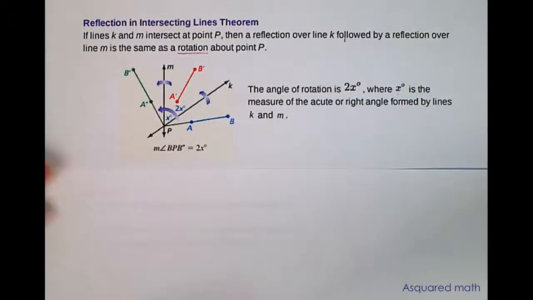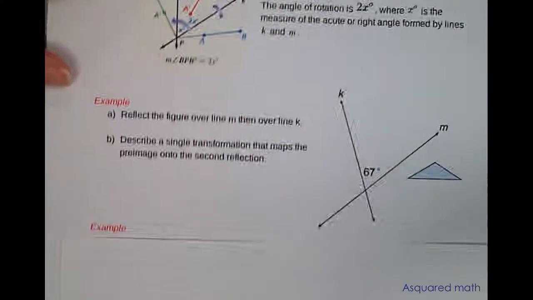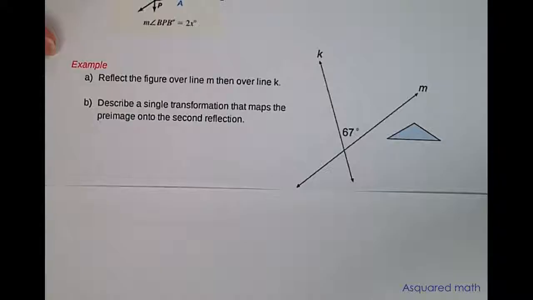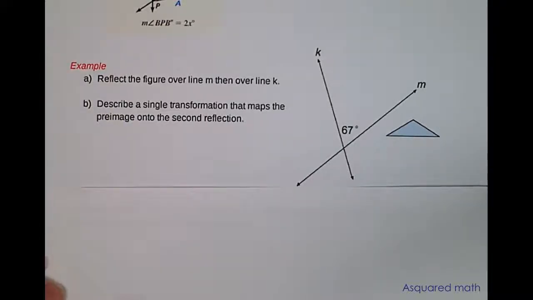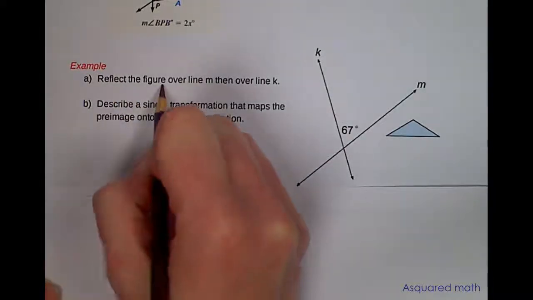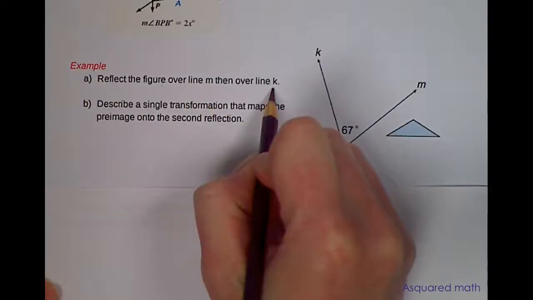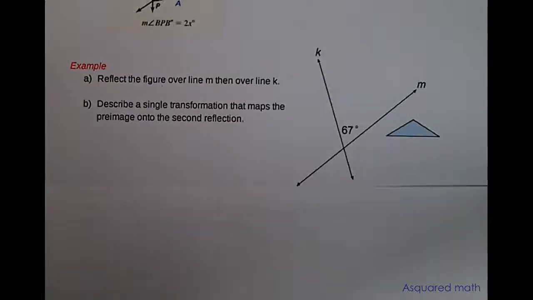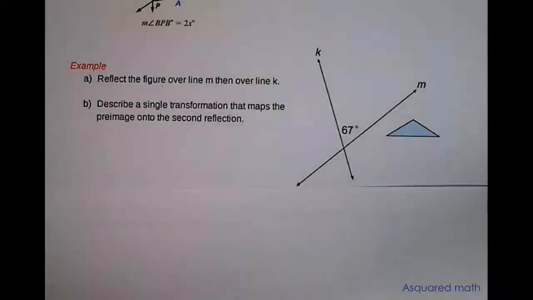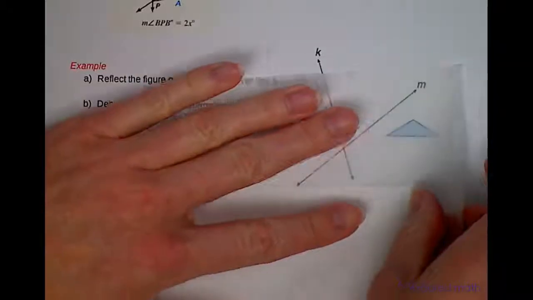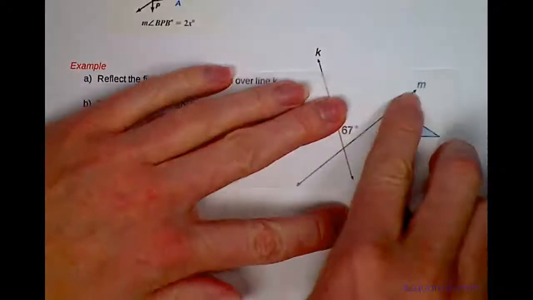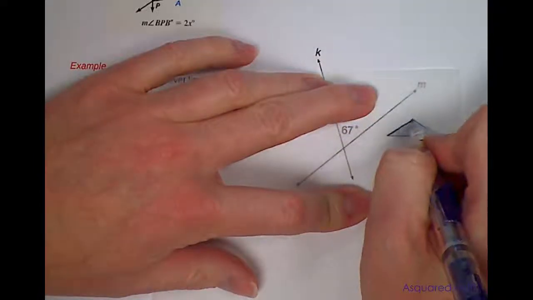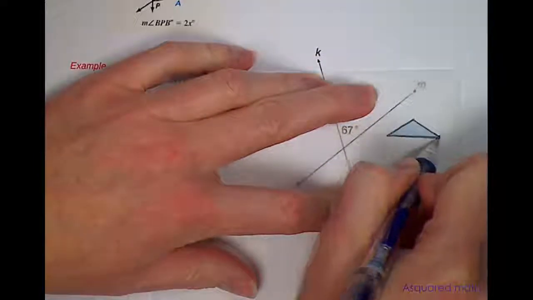Let's do an example so I can explain this to you. I have given you a figure, a triangle here, and the first thing I want to do is reflect this figure over line M and then over line K. This is not on a coordinate system, so I'm actually going to trace this on patty paper to give me a fairly accurate representation of where this image will reflect.